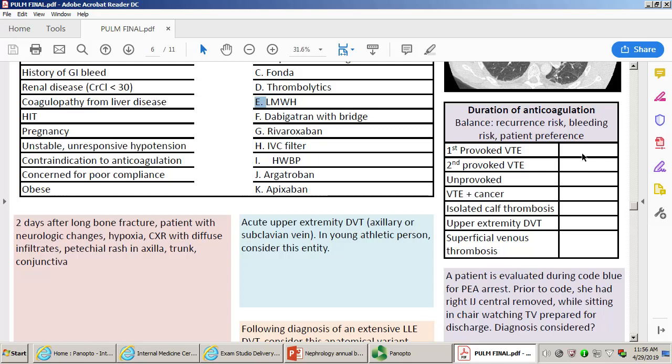How do you reverse dabigatran? What is Praxbind? Idarucizumab. Spell it. I-D-A-R-U-C-I-Z-U-M-A-B. This is Praxbind, right?